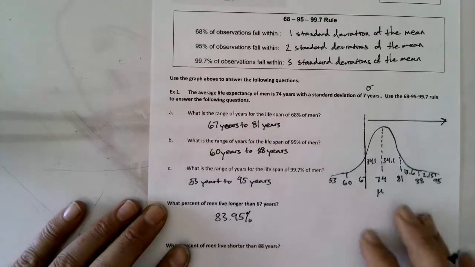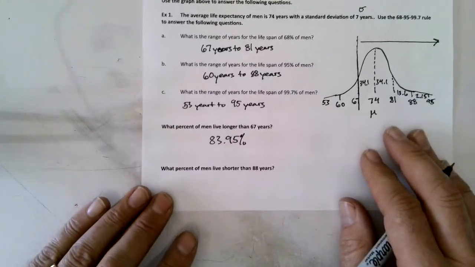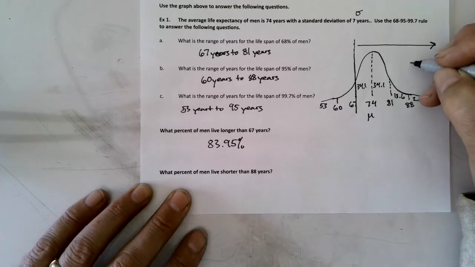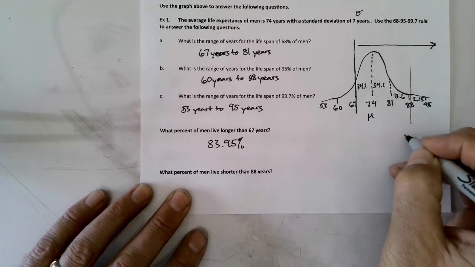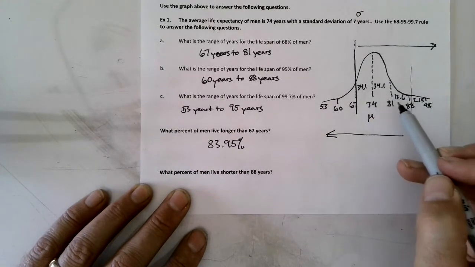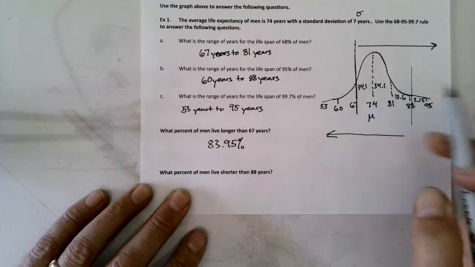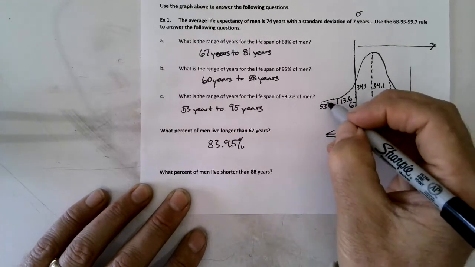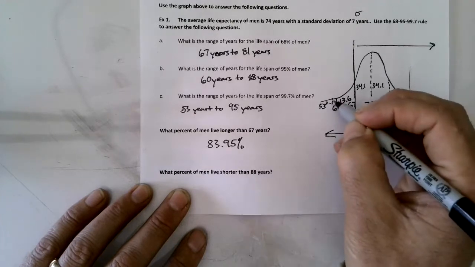83.95%. And then finally, the last question here says, what percent of men live shorter than 88 years? So I'm wondering, this 88 and shorter is going to be back this way. Well, I know that's 34.1, that's 13.6, that's 34.1. This is 13.6, and then this is 2.15.